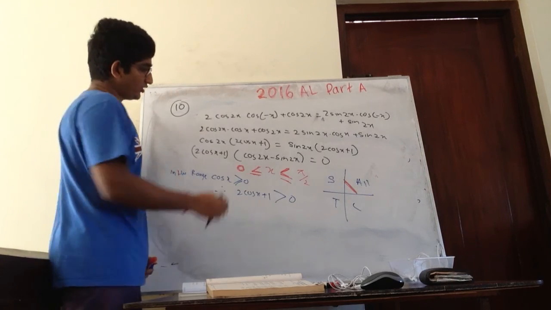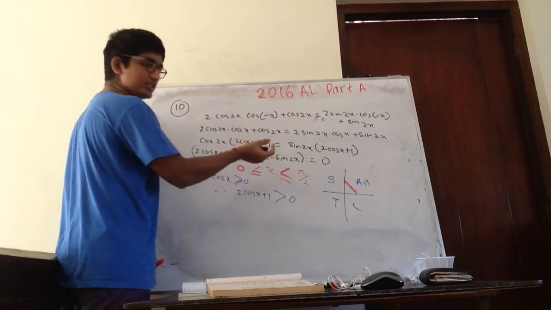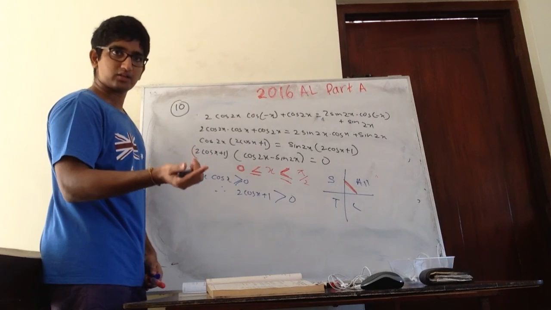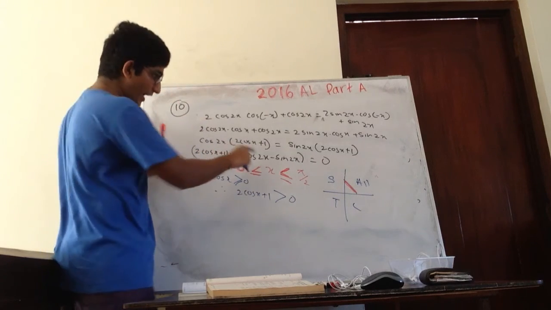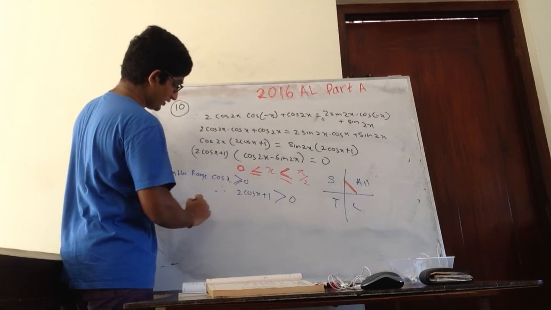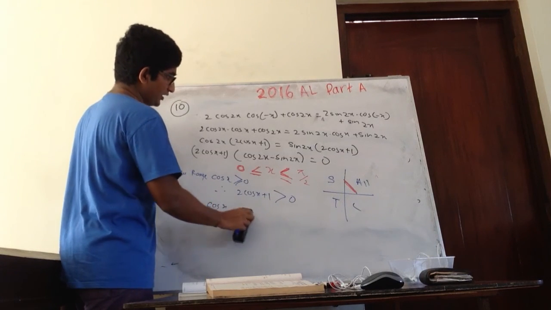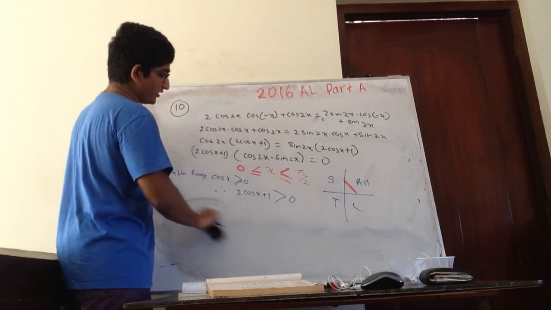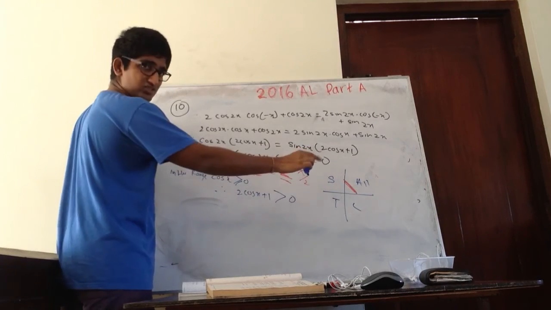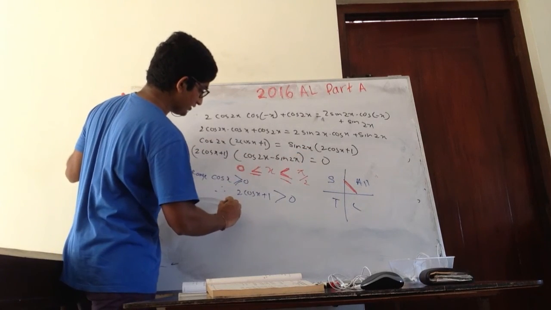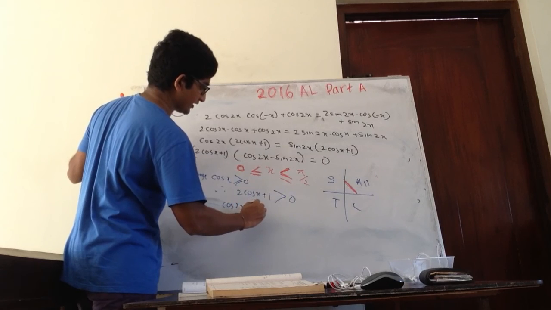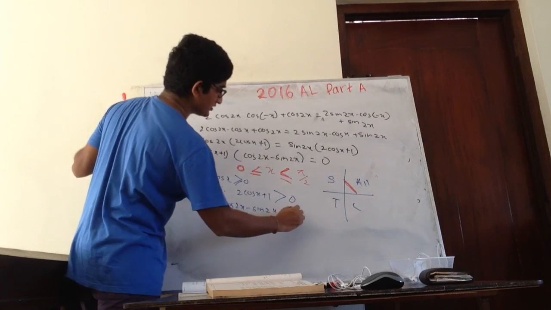So this will not be 0, and therefore we can actually divide by it, no problem. Then we will get cos 2x minus sin 2x as 0.